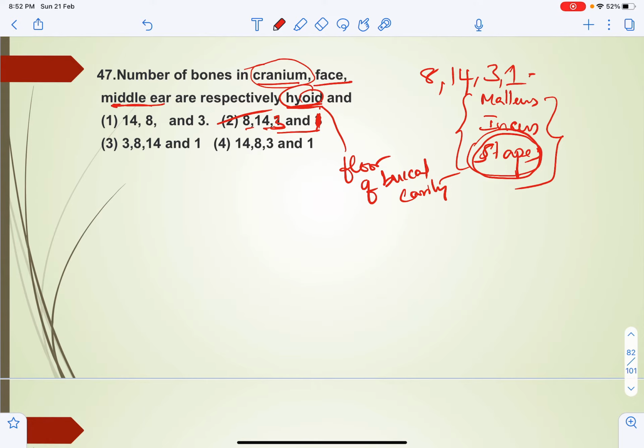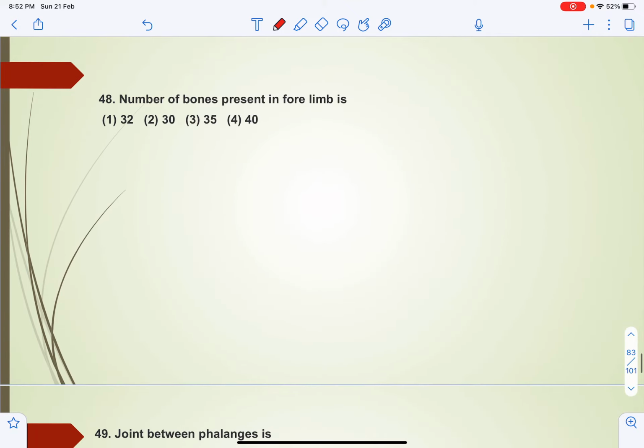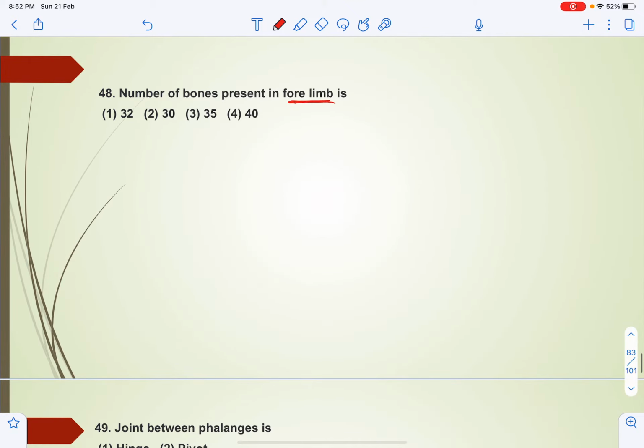Okay. Next. Number of bones present in forelimb. So one humerus bone, that is humerus 1, and then mainly radius and ulna together, that is 1, 1, 2, and carpals 8 bones.